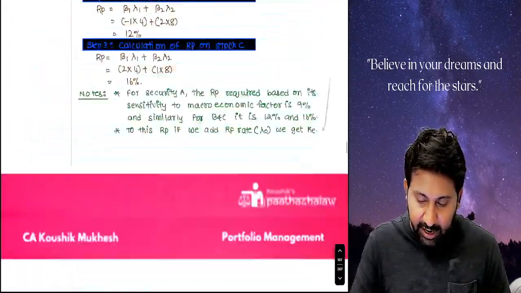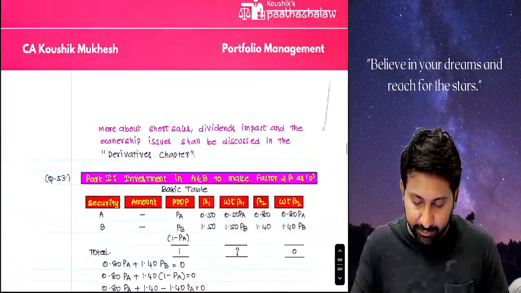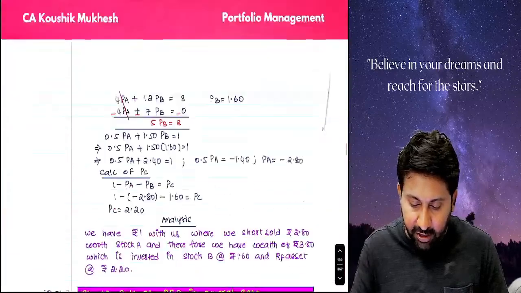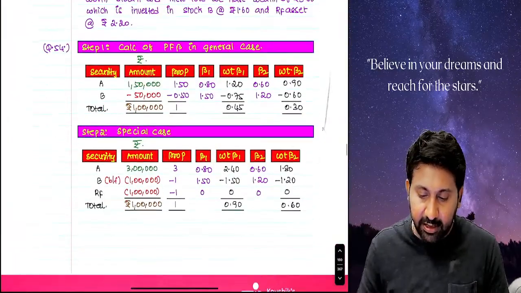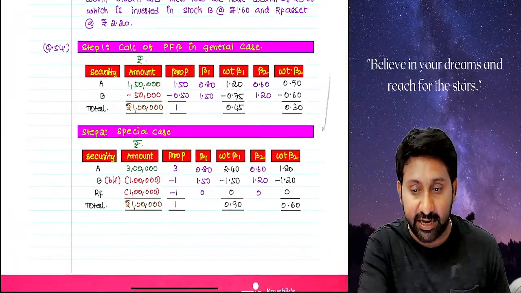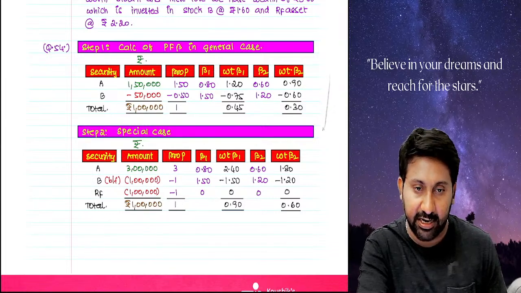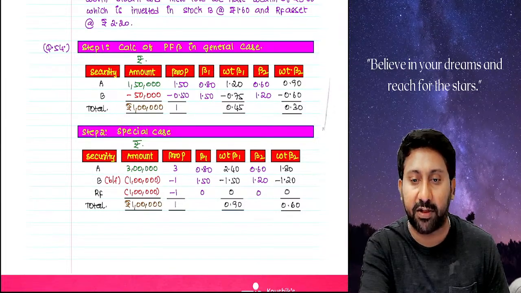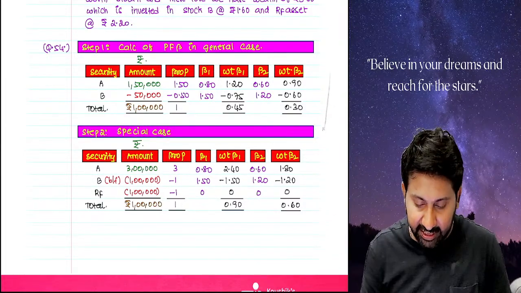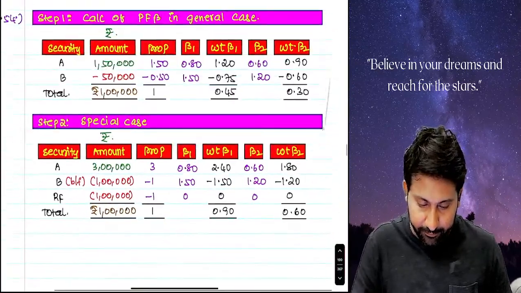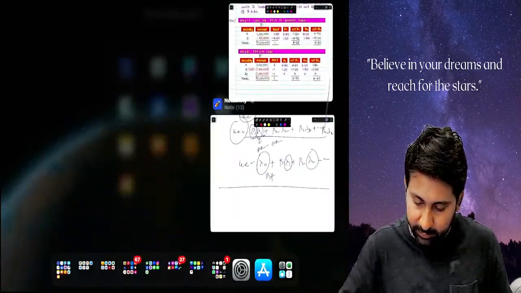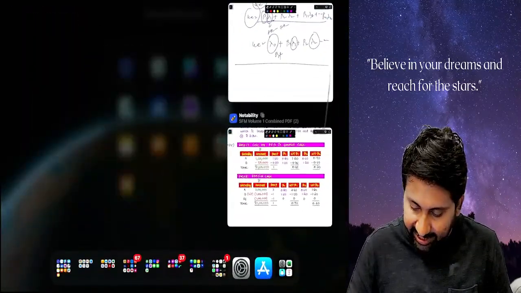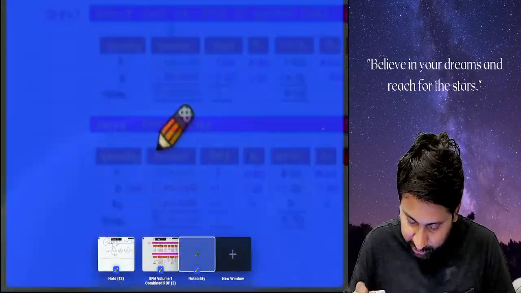Next, another way of asking the question. There is one popular way of asking questions in the exam, which is the concept of short selling. Short selling is a famous way of asking questions on APT. I will not take a risk here, I will show you the question also.